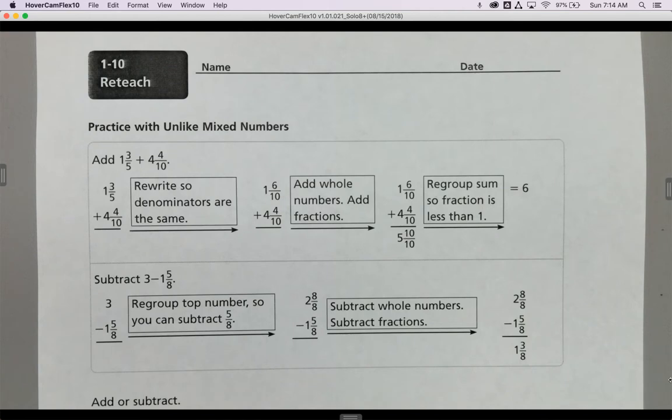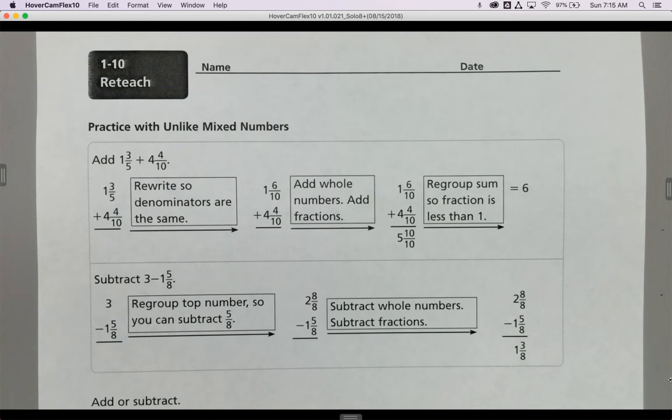Or in the case of subtraction, even after you have established the common denominator, you may look at the subtraction problem and realize I need to borrow from the whole. I need to do some regrouping in order to be able to do subtraction. So there's many little pieces, and I think this extra practice is going to serve us well.